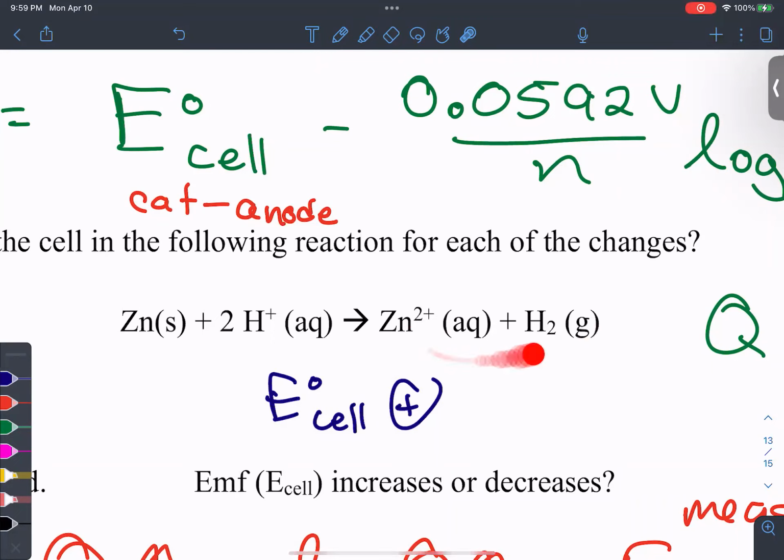If you add products, the idea is we want the reaction to spontaneously go from reactants to products. If you already have a lot of products there, that push isn't going to happen as much. So if you add products, Q increases, your measured cell potential actually decreases. So that's basically the trend there.